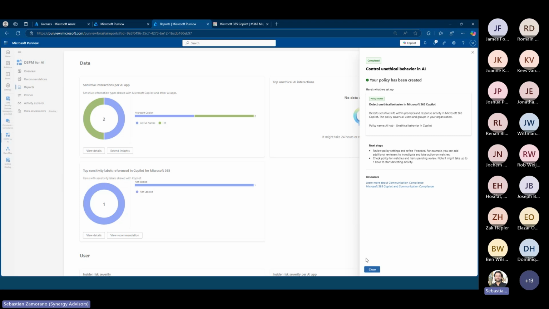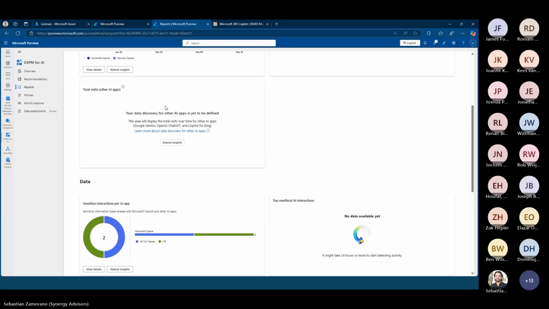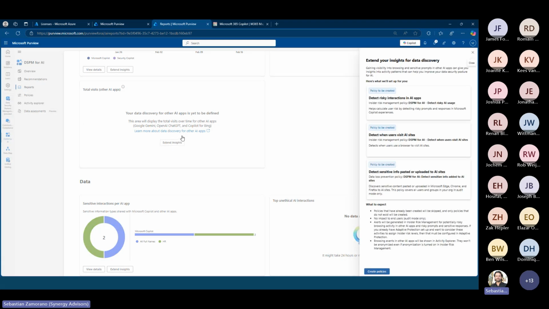In this case, I am applying this one. And here we have another extended insight. When we extend the insight, here you can see the policies that are created. We have a policy for insider risk management, another policy for DLP, another policy to identify sensitive information types based on the AI side.